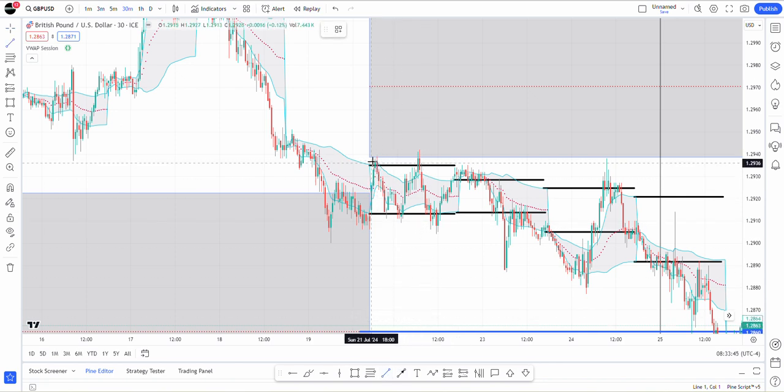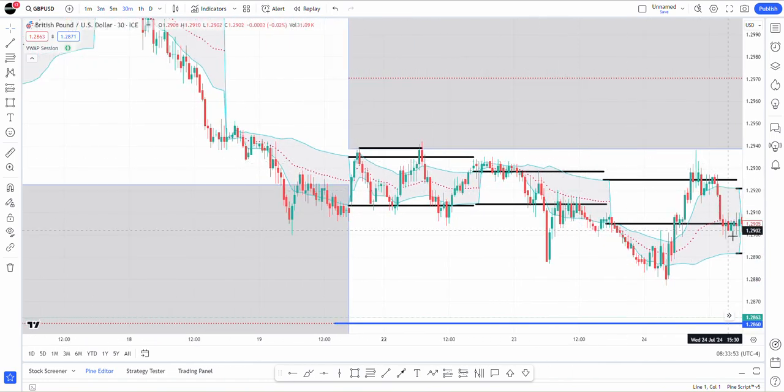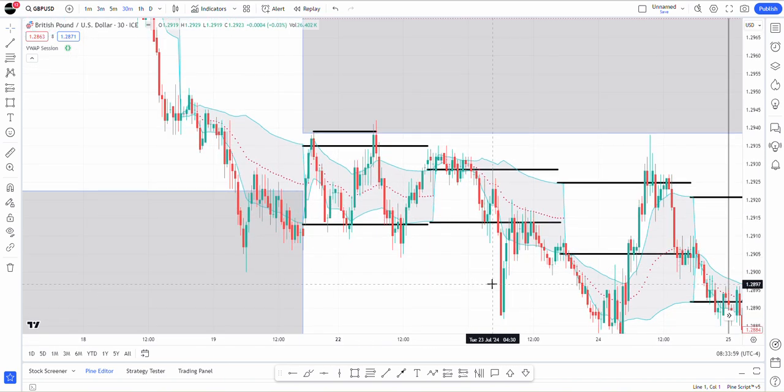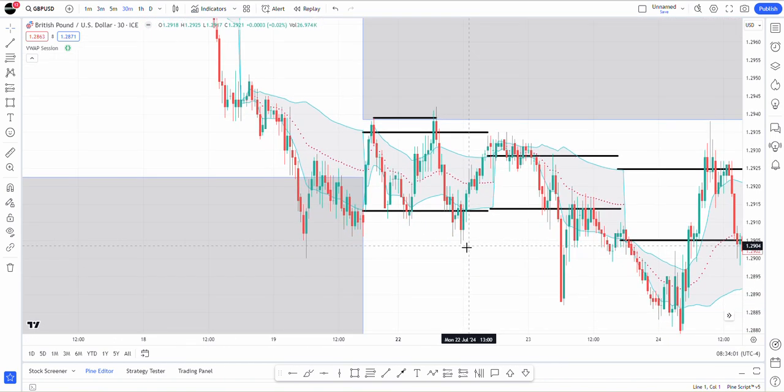Okay, you can see Asian range high was taken out, which is just after London session. And you get the shorting opportunity at the end of the range, which is here. So you could take a short up here somewhere.